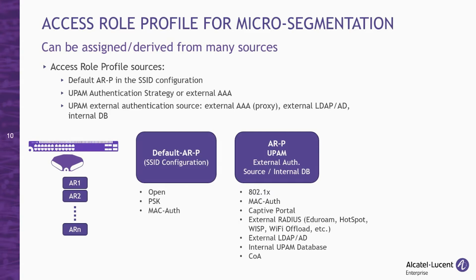And the most extensive, with the highest precedence, uses more extensive authentication parameters through the internal UPAM database or through external LDAP Active Directories or RADIUS servers such as Eduroam, Hotspot, Wi-Fi Overload, among others. The use of UPAM's internal database is as powerful a tool as using external AAA services. It's up to the individual organization to reuse their AAA services or use the OmniVista integrated functionality for those services. ALE's service-defined network architecture is powerful yet flexible to accommodate the customer's choice.